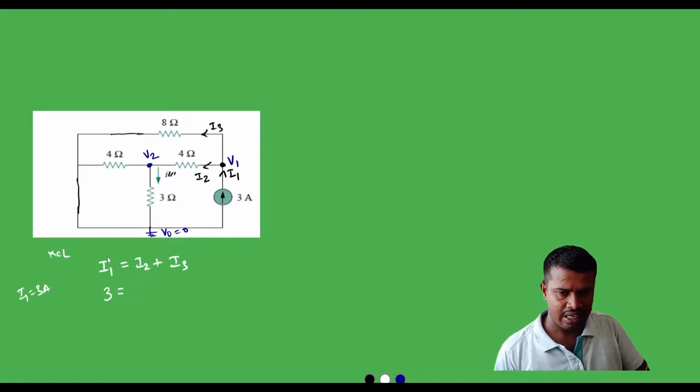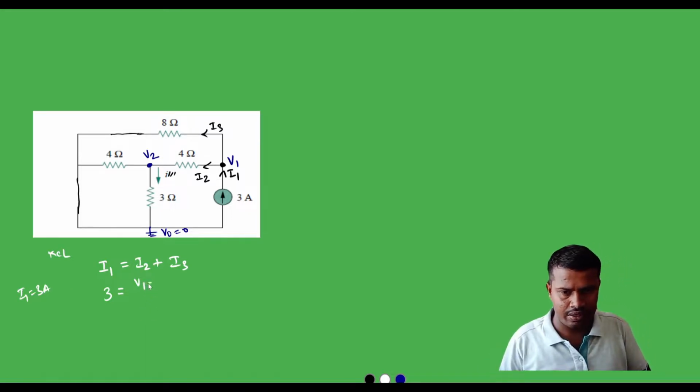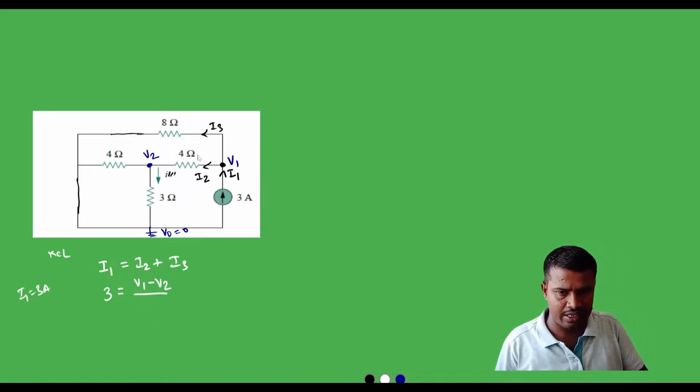Let us write I2 is equal to V1 minus V2 divided by the resistance, which is 4. For I3, the potential difference is V1 and the reference node is V0, so we can write V1 minus V0 divided by the resistance, 8 ohm.